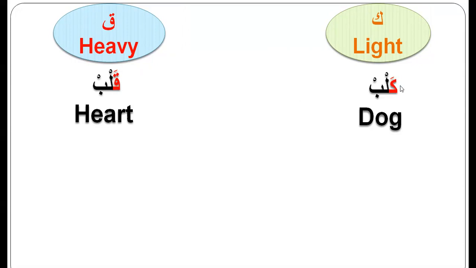The only difference is the kaf and qaf. And sometimes we confuse qalb and we say kalb. And if we say kalb, then when one hears us, we cannot know if it's qalb or kalb, which is dog. So we say kalb, qalb. So we make the qaf heavy.